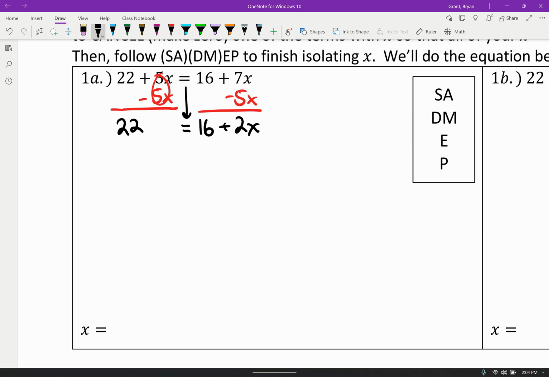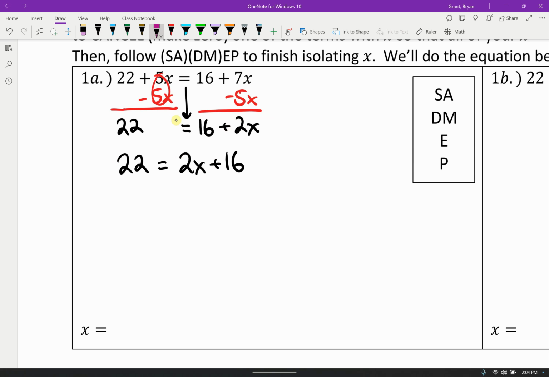Okay? Now, a couple things to notice. First, we now only have x's on one side of the equation, the right side in this case. And second, x isn't written first, so I'm going to rewrite that quickly. 22 equals 2x, and it's a positive 16. Once you only have x's on one side of the equation, now work back through SADMAP.